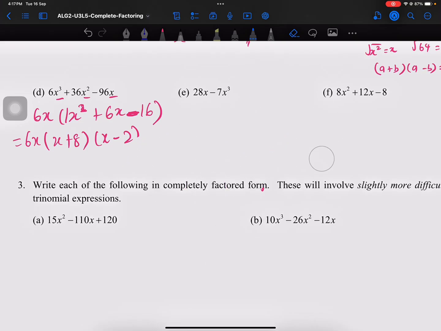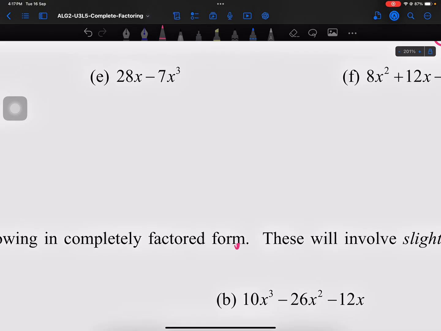Next, move on to E. For E, take out 7x. So if we take out 7x, this should be 4 minus x squared. Okay, from here you can see that minus sign in the middle.